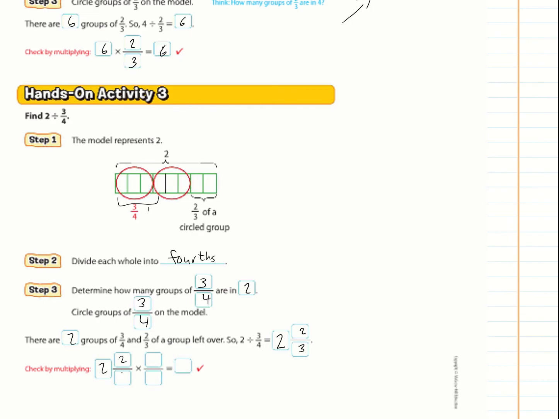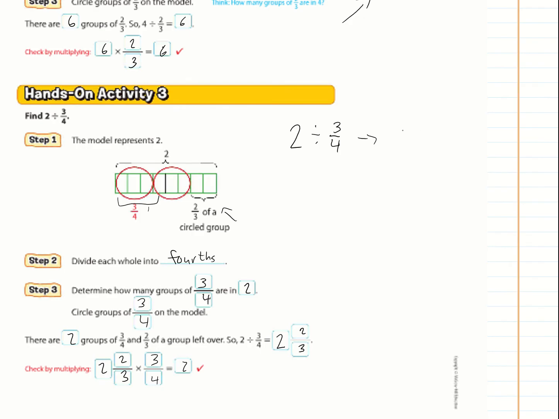So we check by multiplying and we get 2. Now this one's a little bit confusing because we have 2/3 of a group, and that kind of throws it off a little bit. So if this doesn't make sense, then I strongly recommend using the other method. And the other method, just remember, my divisor flips.